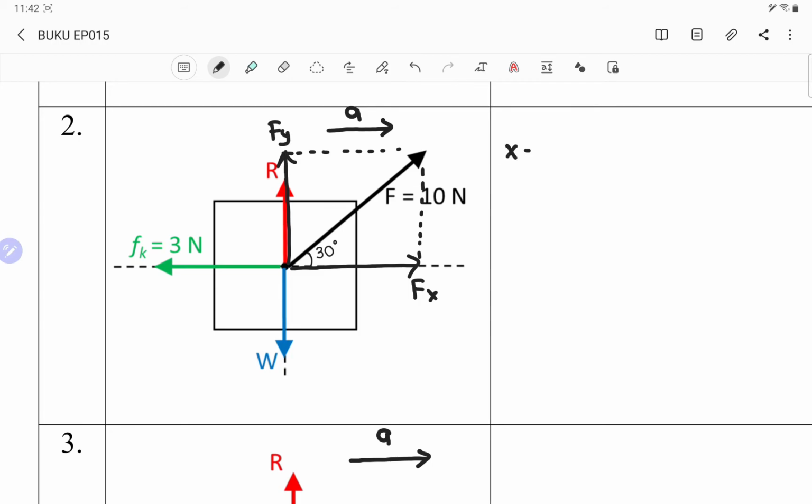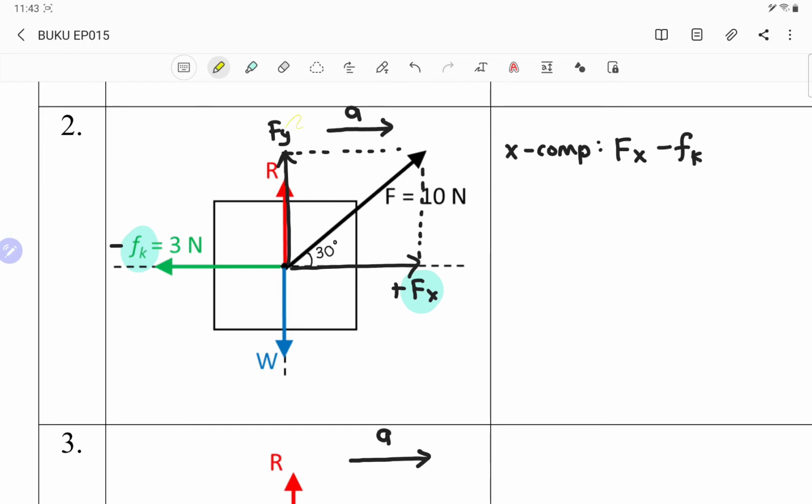So to write the equation for the X component, kita ada Fx dan juga Fk. In which Fx ni dia follow direction of the motion, direction of acceleration. So dia akan jadi positif, Fk jadi negatif. So X component, kita ada Fx minus dengan Fk.